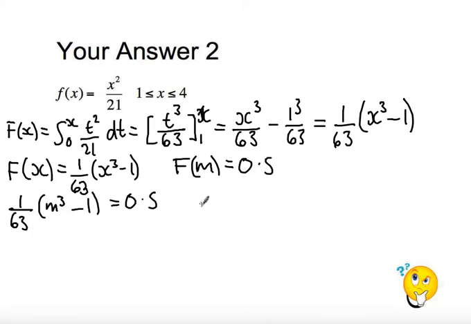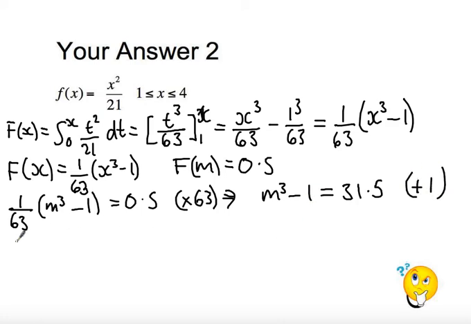So if I multiply both sides by 63, let's get the m cubed on its own. If we multiply both sides by 63, we get m cubed minus 1 equals half times 63, which is going to give us 31.5. And so if I add 1 to both sides, I get m cubed is equal to 32.5.